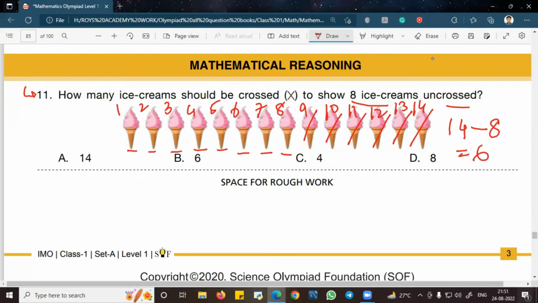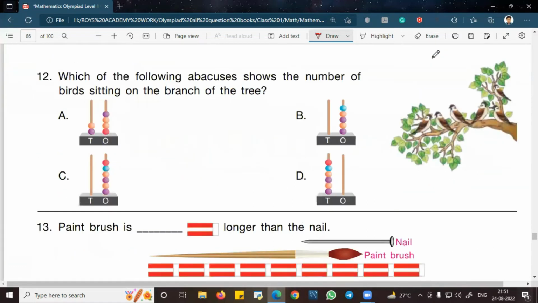So if we want to leave 8 ice creams uncrossed, we have to cross 6 ice creams. So B will be the correct answer. Okay, my dear student. Next we will discuss question number 12.